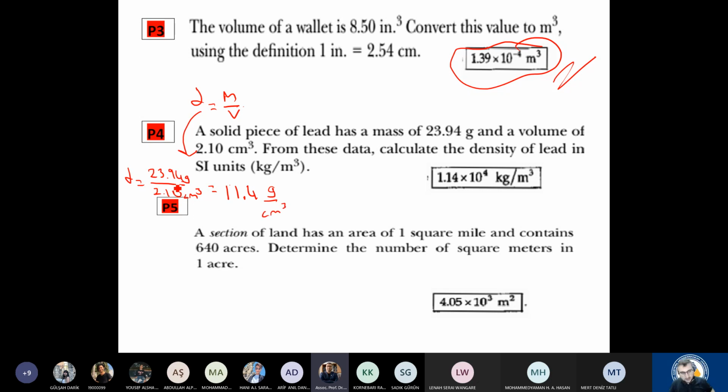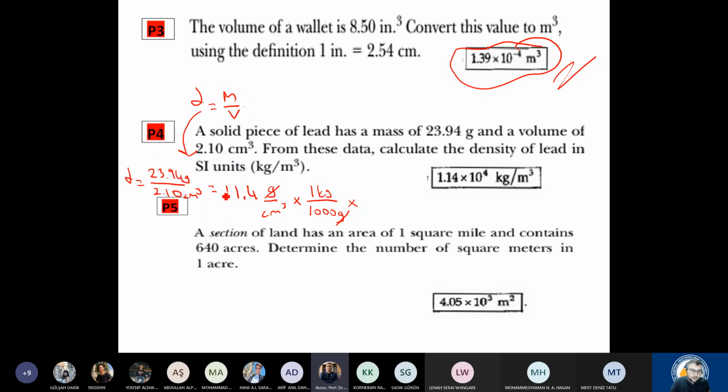But you want to convert it to kilogram over meter cube. Okay, so times 1 kilogram is equal to 1000 gram. If you multiply by this, you can cancel the grams and convert to kilogram. After that, you must convert centimeter cube to meter cube.